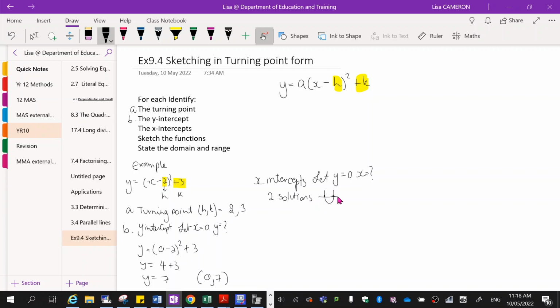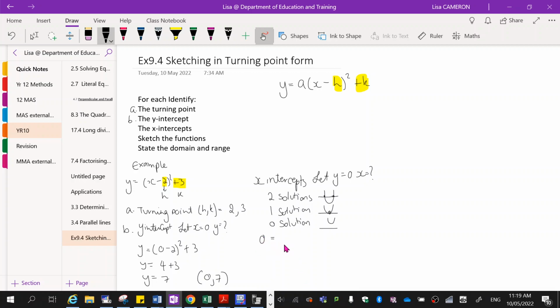Okay, it'll pass through at that point, it will touch twice. If you get 1 solution, then that means that your graph will look like this, and it'll touch that axis 1 time. If you get no solutions or a math error, that means that your function is hanging up here somewhere. It's not actually touching the x-axis. So they're the 3 possible cases we can get.